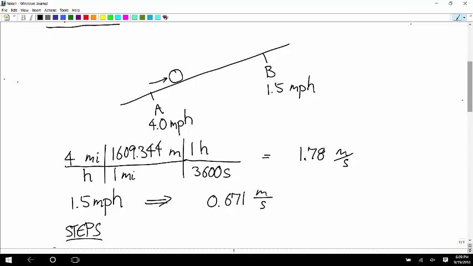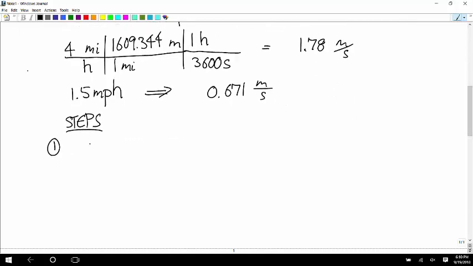Right as it crosses A, when the speed is 4 miles per hour.